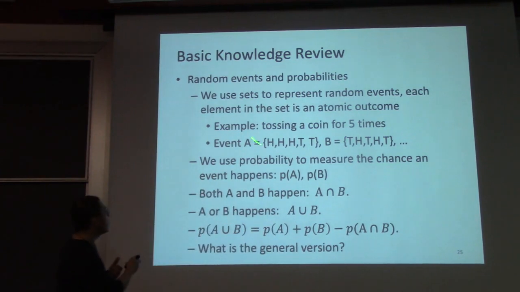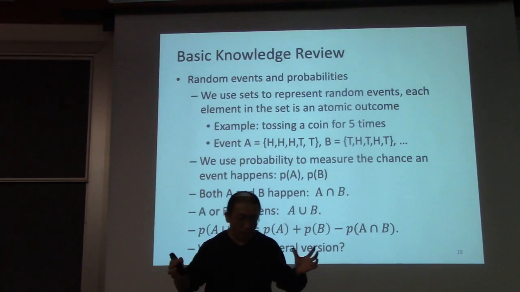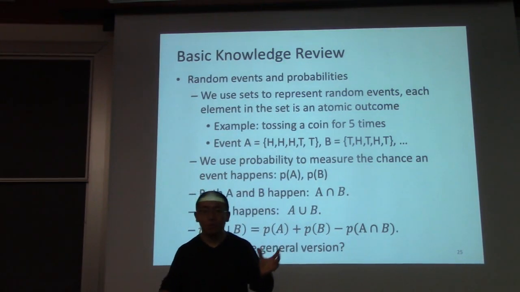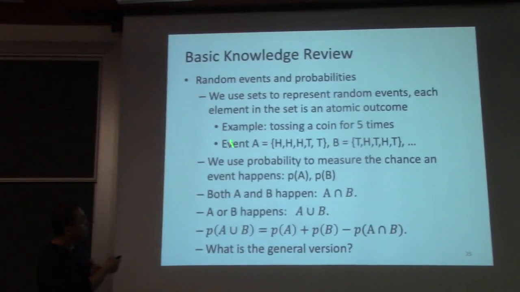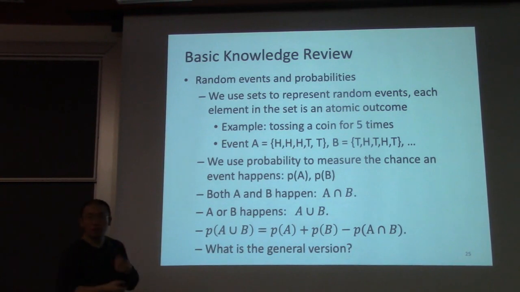If I toss a coin 5 times, we can use a set to represent event A, which has 3 heads up and 2 tails up, and another event represented by another set, which has 3 tails up and 2 heads up.